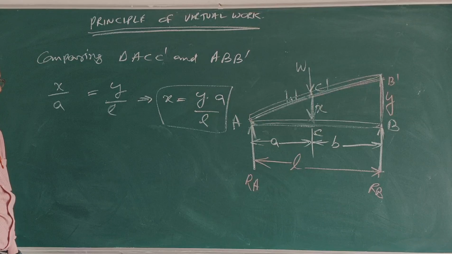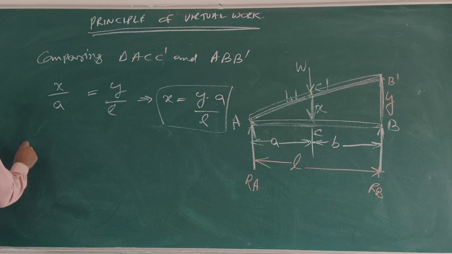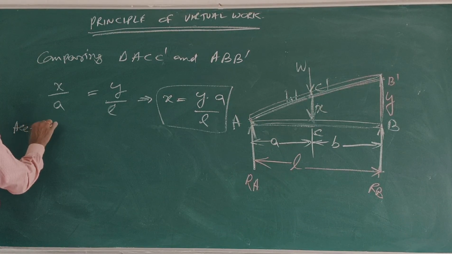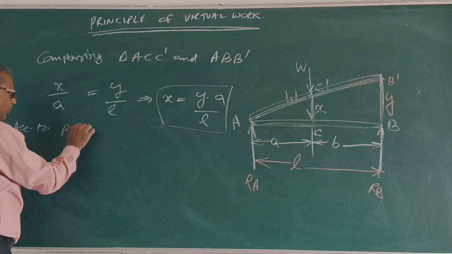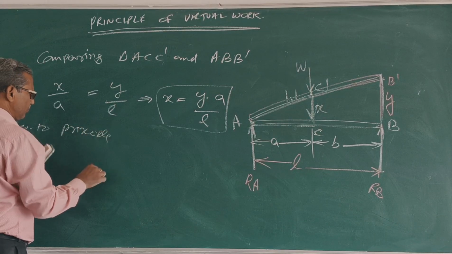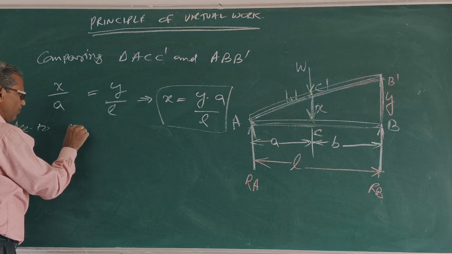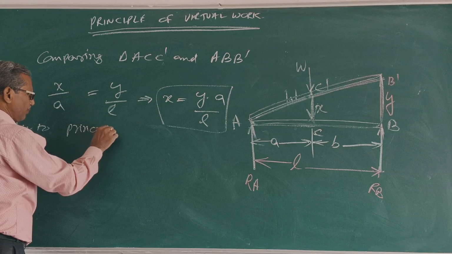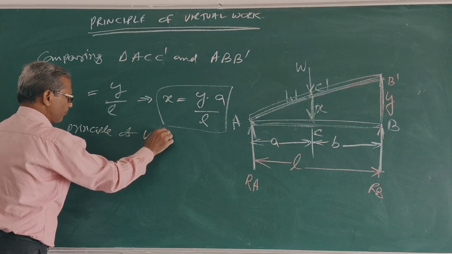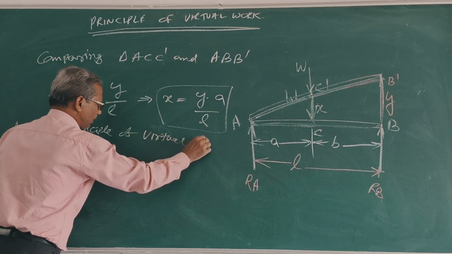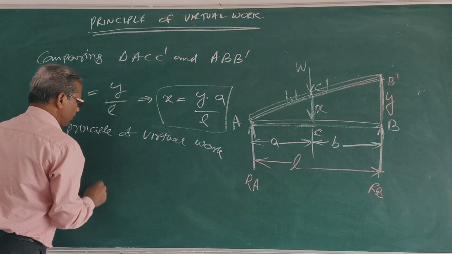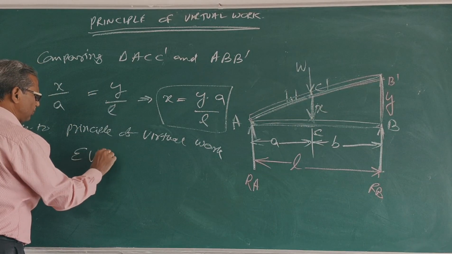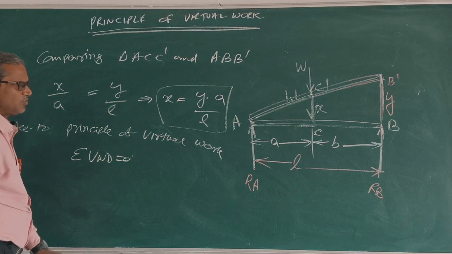Now, according to the principle of virtual work, sigma V dot is equal to 0.